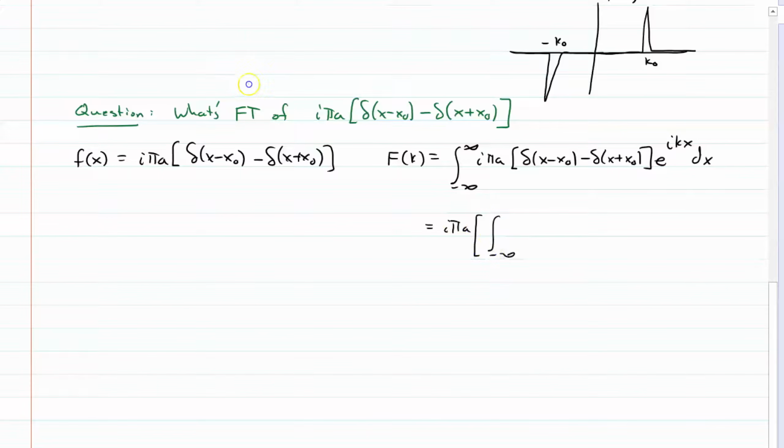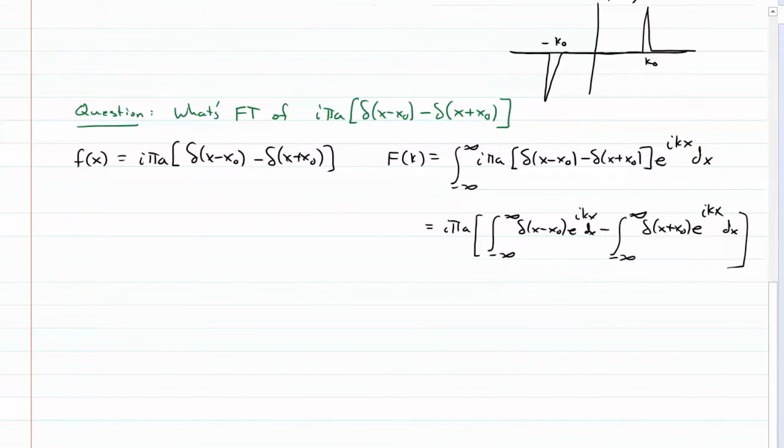And I've got this integral from minus infinity to infinity of delta of x minus x0 times e to the i kx, minus this integral of delta of x plus x0 times e to the i kx dx.